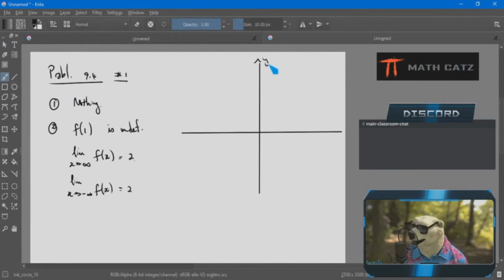Let's put it up here and see. Okay, so this now means, for our kinds of functions, having the function be undefined will indicate that there is potentially a vertical asymptote there.